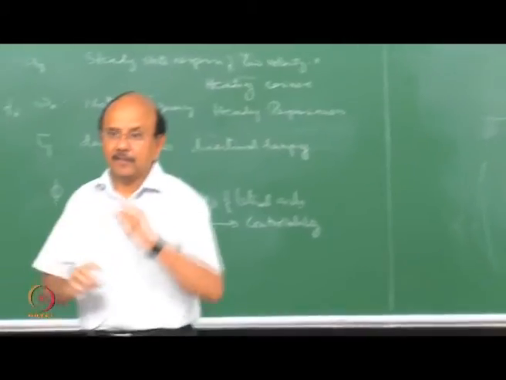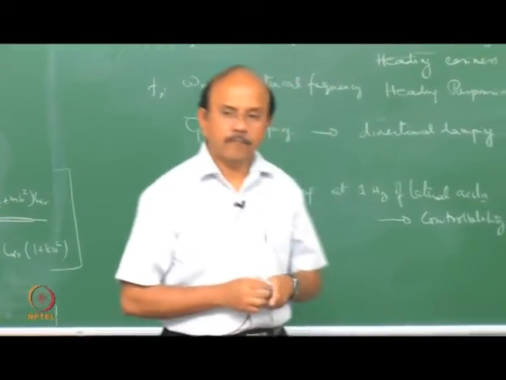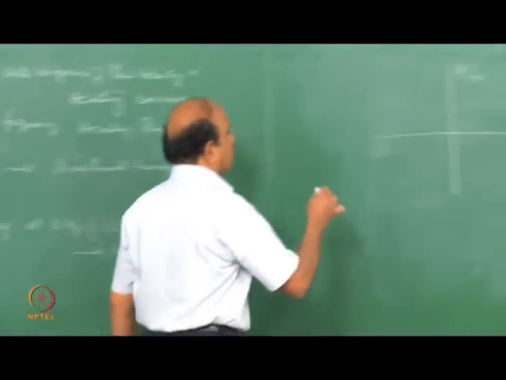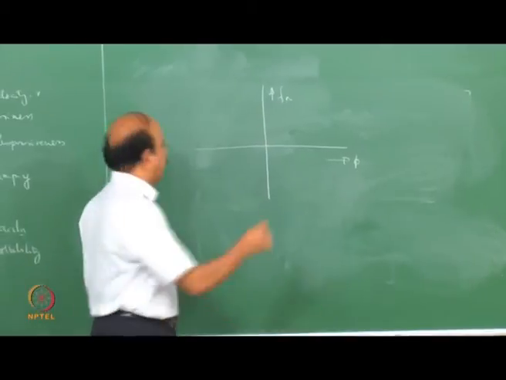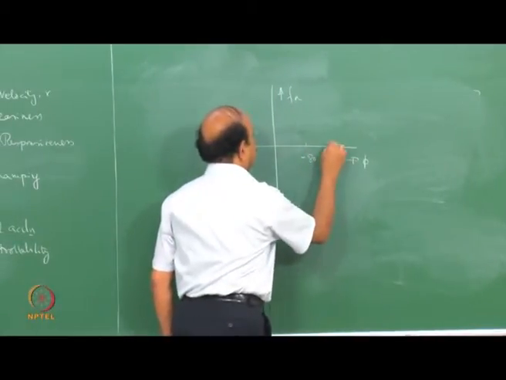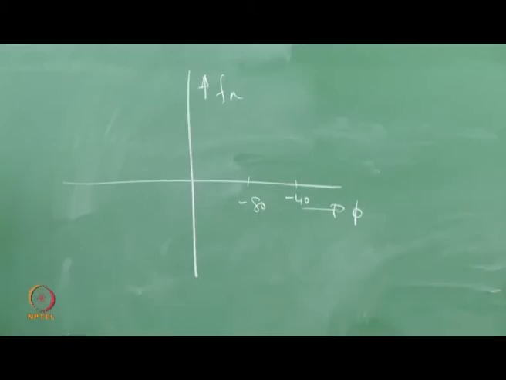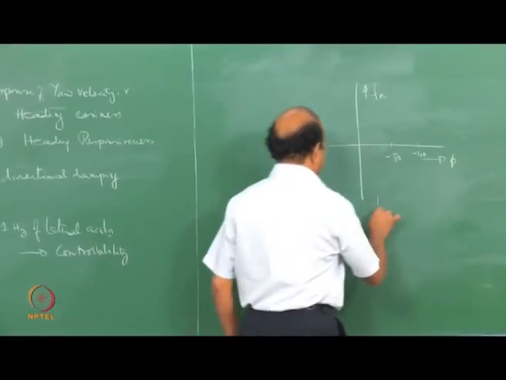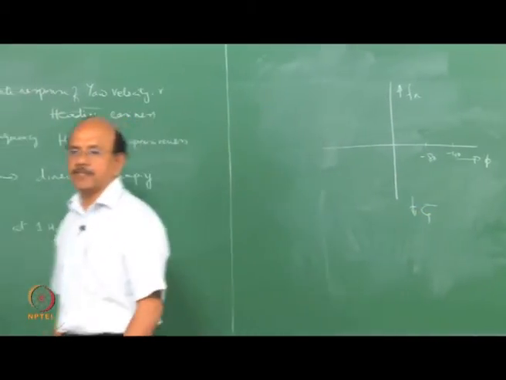Look at this carefully. On the positive side, he had Fn. He had phi increasing like this. Usually phi can be, say, minus 80, minus 40, and so on. That's how he plotted phi. Then he plotted the damping coefficient zeta in this axis.